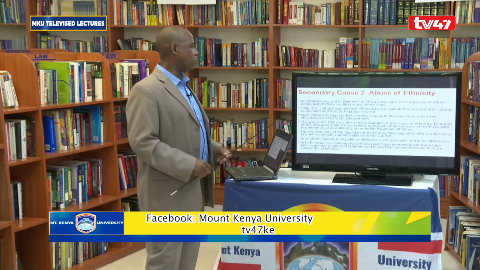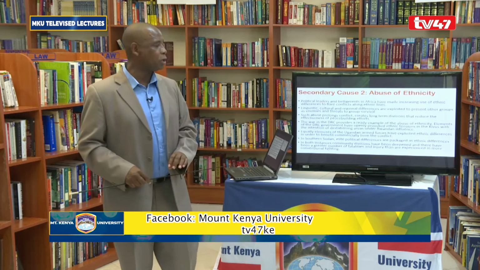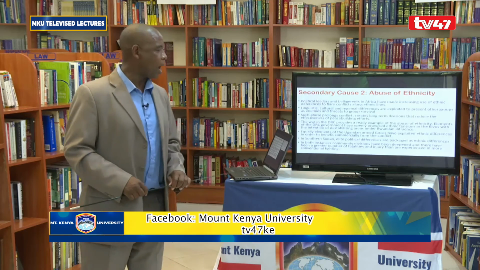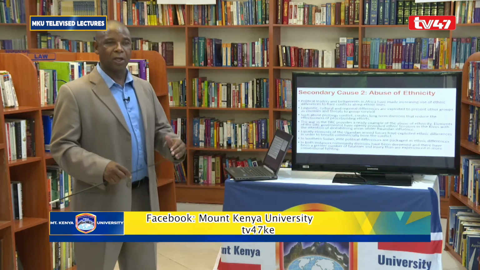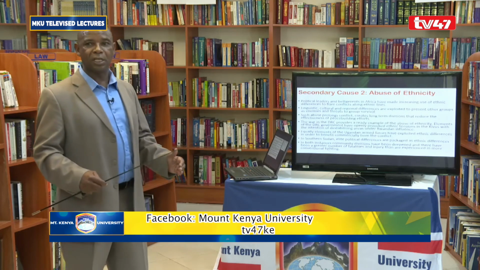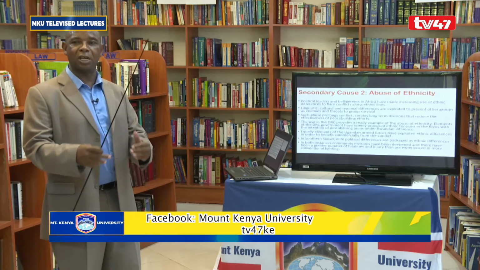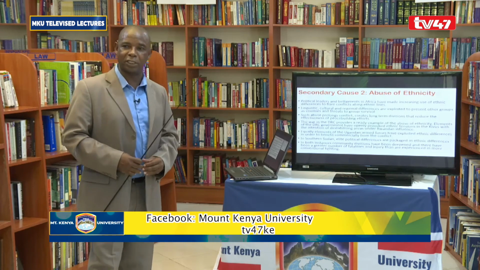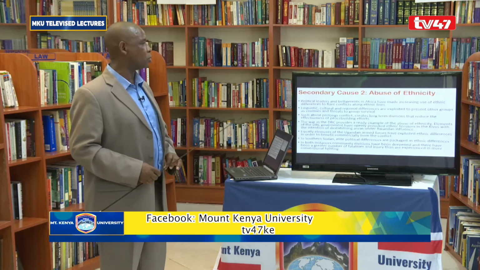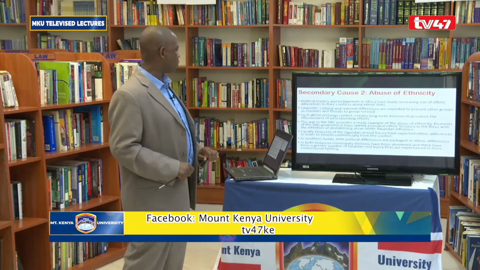The war in the Democratic Republic of Congo is a good example of ethnicity. In many parts of Africa, while you have conflicts over natural resources, the abuse of ethnicity, using different groups of people to present themselves as enemies when they did not have these differences, contributes to the flaring up of conflict in Africa.